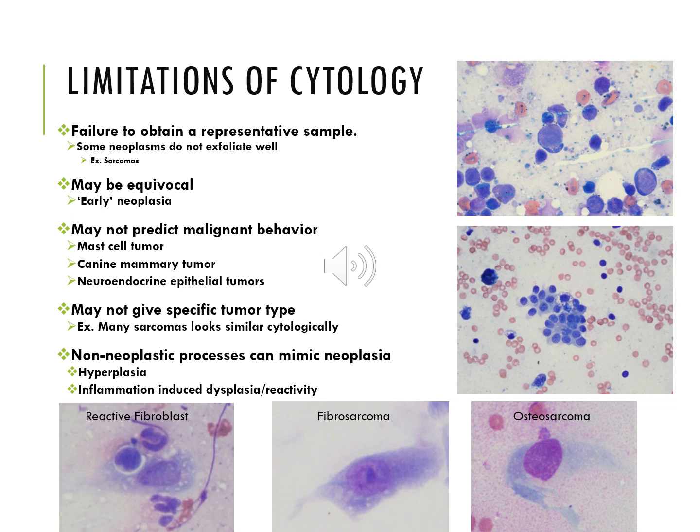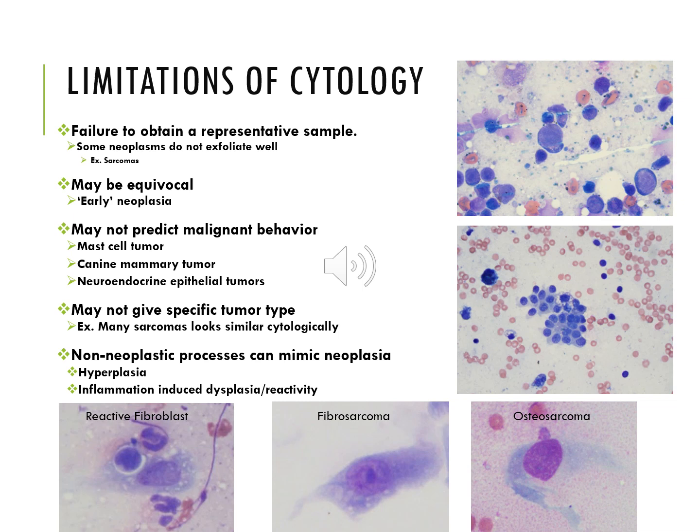So we might be able to tell that something's a sarcoma, but not that it's a fibrosarcoma or an osteosarcoma or a hemangiosarcoma. We just know that there are atypical spindle cells present. It's some type of sarcoma, and then we recommend biopsy and histopathology from there to further differentiate what type of sarcoma that may be.